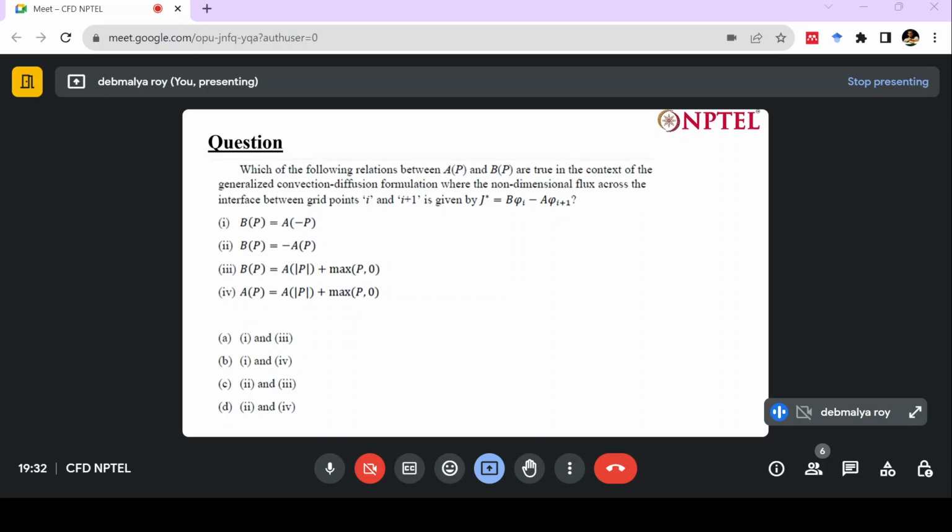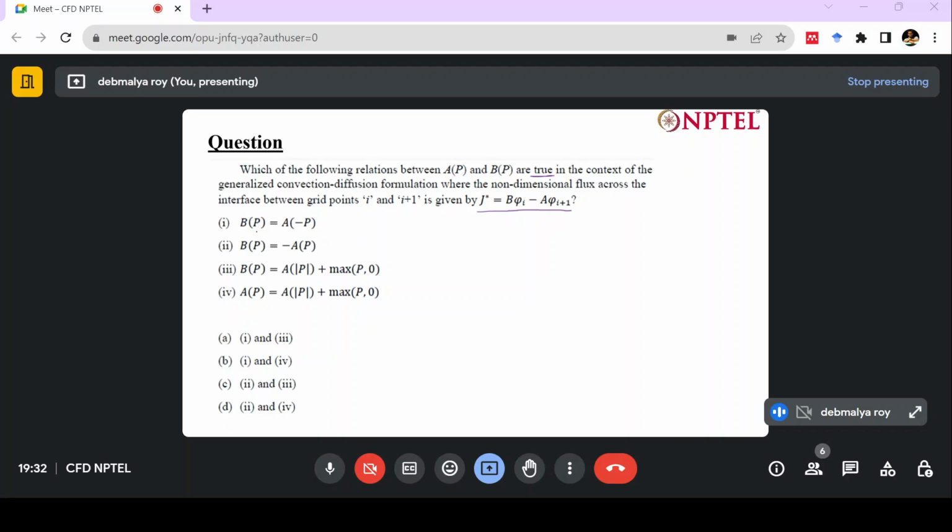So it is asking which of these four relations are true. Here also we have the same relation, same i plus 1, and we can assume the interface as e.